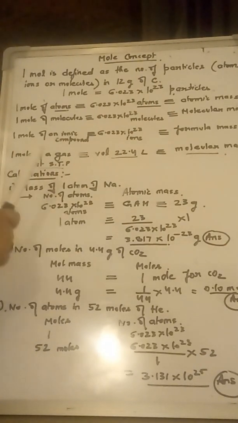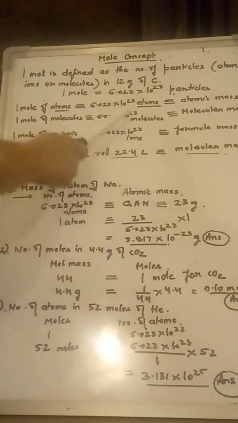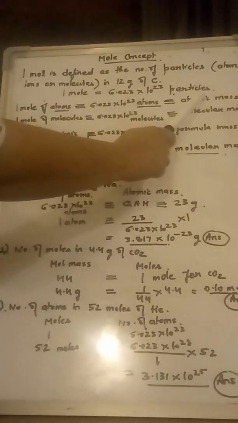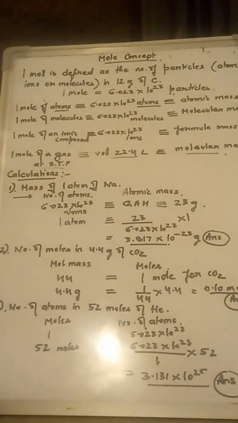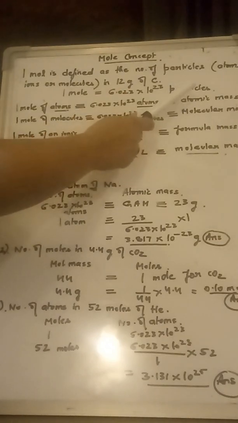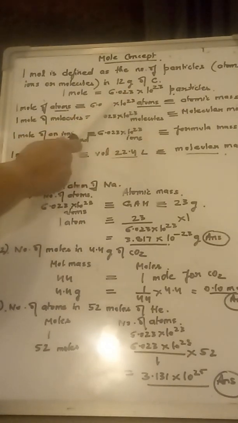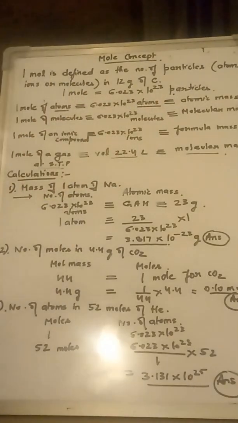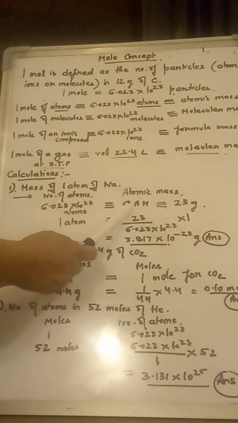Now what relation do you know between number of atoms and atomic mass? You know that for any substance, the mass equal to its atomic mass has 6.023 into 10 to the power 23 atoms. They both are equal. So you write the number of atoms, 6.023 into 10 to the power 23 atoms, have how much mass?